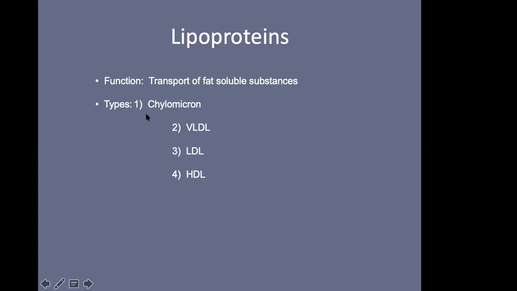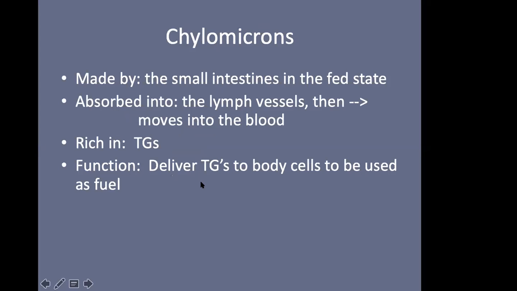What are lipoproteins? Lipoproteins are fat soluble substances which can transport fat from one tissue to another tissue. There are further subtypes which are chylomicron, VLDL, LDL, and high density lipoprotein. Now, what is chylomicron?